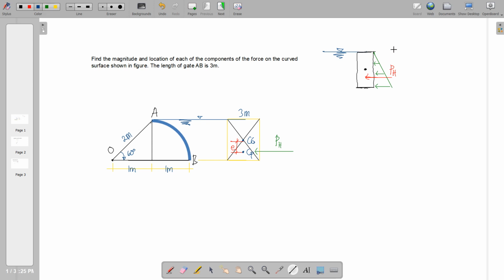Because in our previous discussions, remember that if this is the liquid surface, we have zero pressure at this point. And then as we go down the liquid surface, we add gamma h.